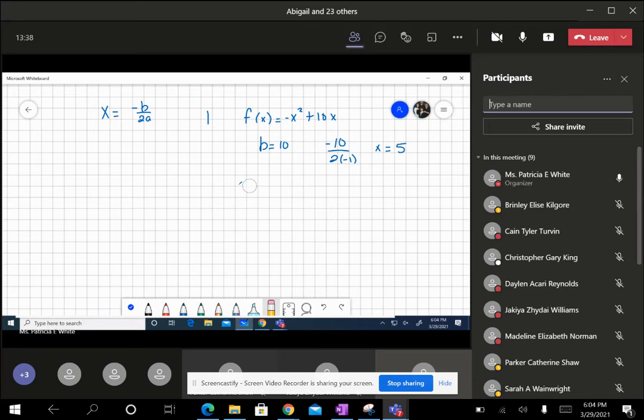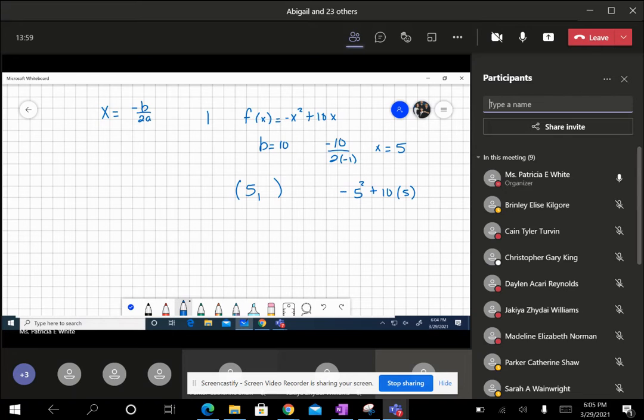And then I need my y. Well, all I gotta do is plug that in. So negative 5 squared plus 10 times 5. Be careful on that negative.